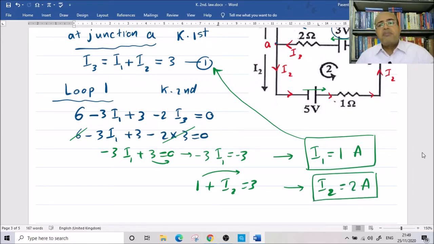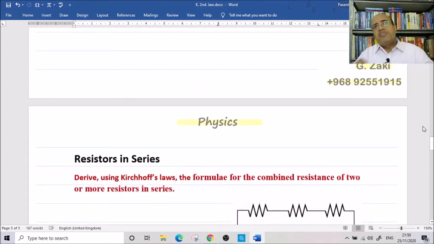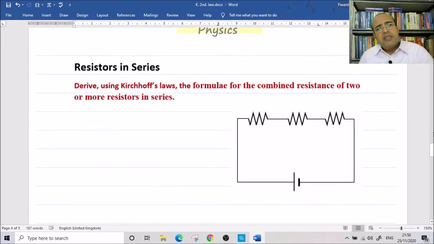Okay? Now, we talk about a very important application of Kirchhoff's second law. How can we derive the formula for resistors in series by using Kirchhoff's law? So this is the question. Derive using Kirchhoff's laws the formula for the combined, meaning the total or effective resistance, of two or more resistors in series.